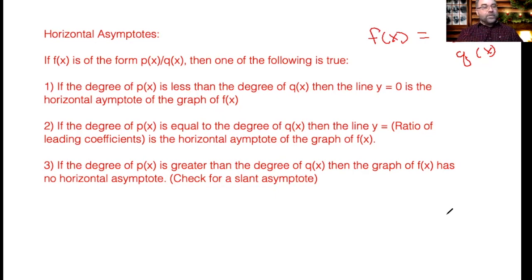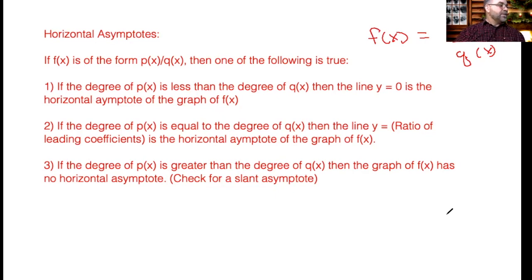I did say though for number three, watch out, because if that degree of p of x is exactly one bigger than q of x, then you know you've got a slant asymptote, and you should find that. And if you don't remember how to find a slant asymptote, don't worry. We are going to review that, just not today. Today is about limits at infinity.